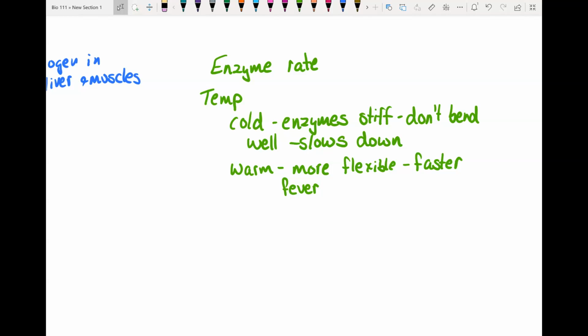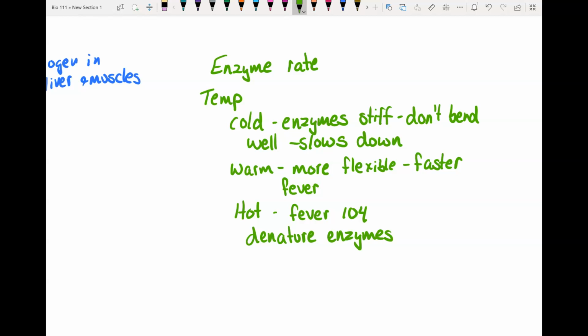Now, there is a catch though. You don't want to get too hot. So a fever that starts getting up to 104, then you do want to get the Tylenol and the Advil and start treating it. Because if you get too hot, you run the risk of denaturing your enzymes.